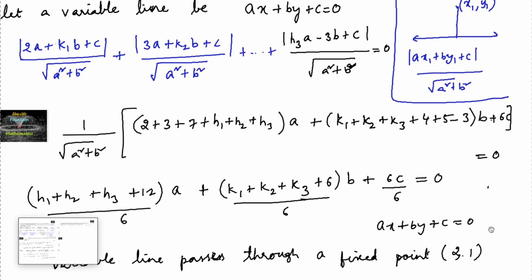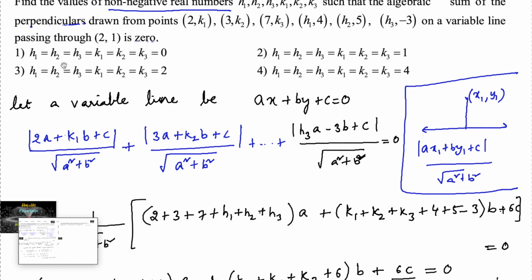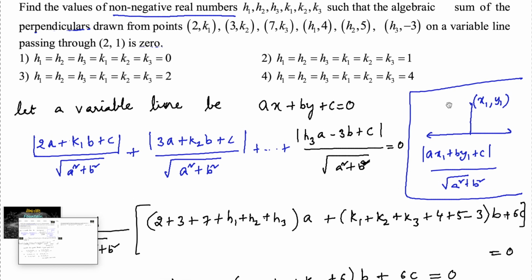And hence we can go with the option: h1 is equal to h2 is equal to h3 is equal to k1 is equal to k2 is equal to k3 is equal to 0 is the first option.